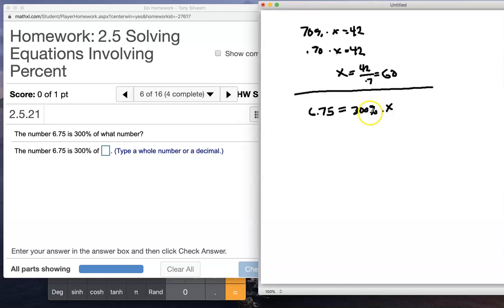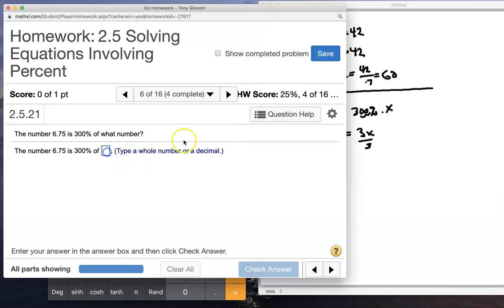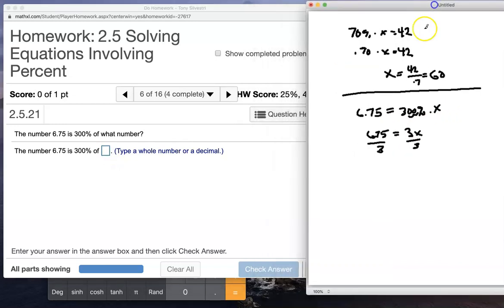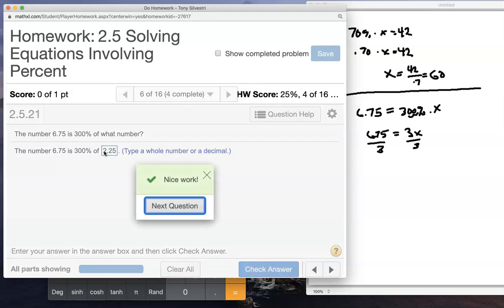And so let's move that decimal point over twice. 1, 2, that makes us 3. And if I divide by 3, I'm going to get 2.25. 6.75 divided by 3 is 2.25. Great. Great, great, great.